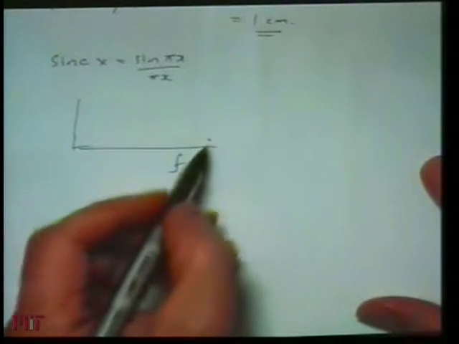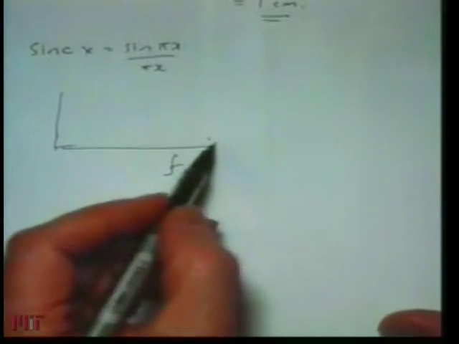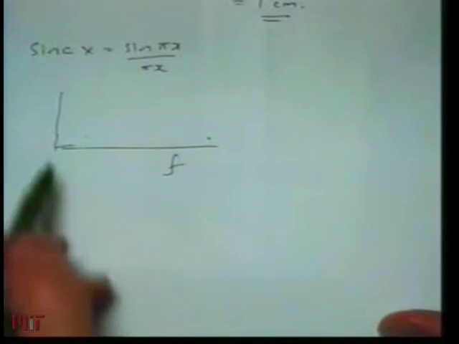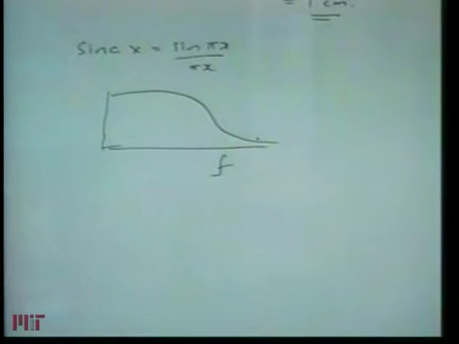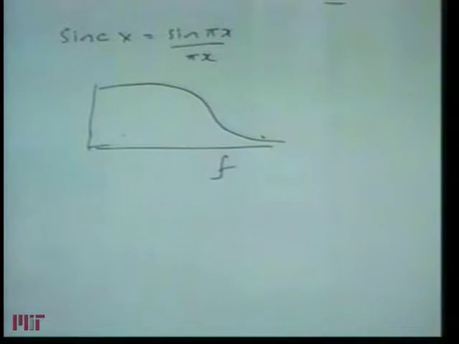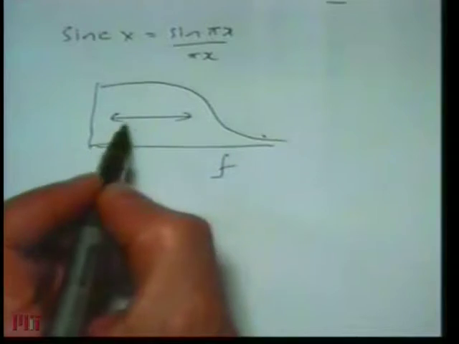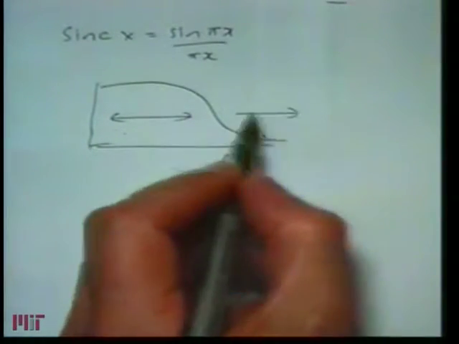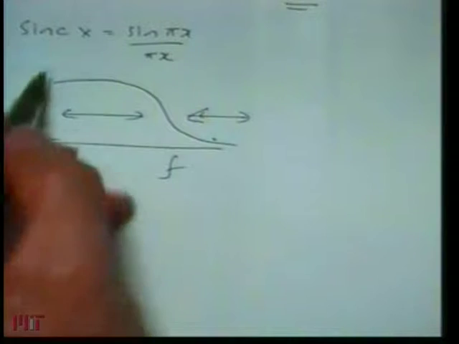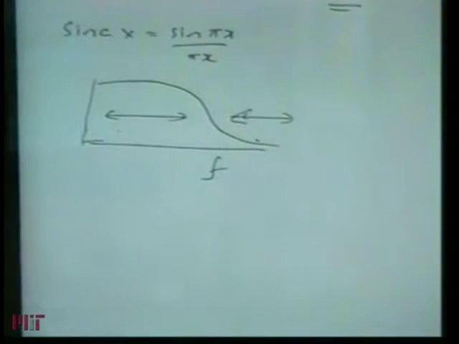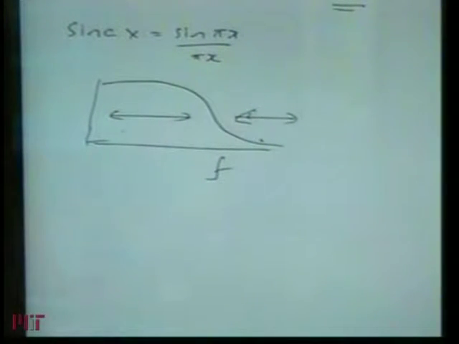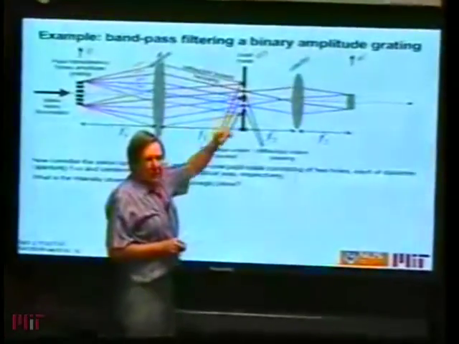If we multiply this by some function that looks like that, this is what we call a low pass filter, because we let through the low frequencies and we stop the high frequencies, right? So the same is true here. So when we say low pass, we mean that we let through the spots which are close to the axis and stop the ones that are far from the axis. Right, so that's the first question.